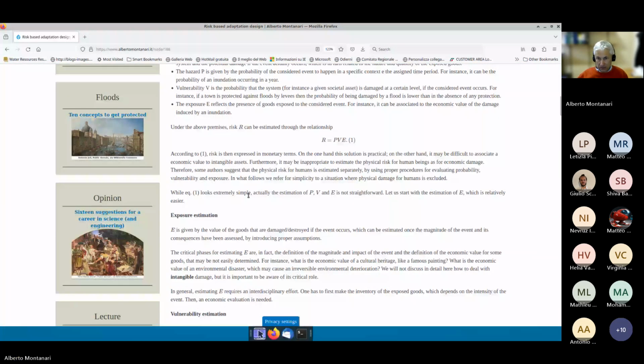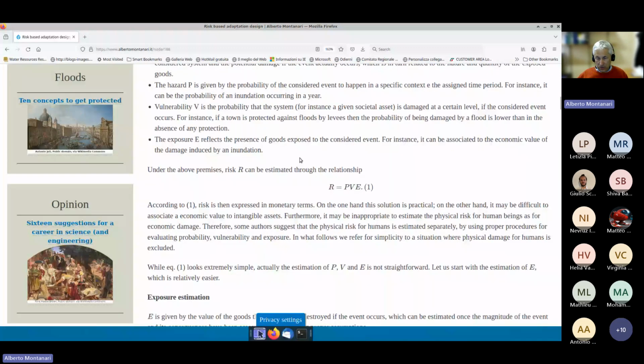In particular, we introduced the risk equation, and once again, this is a very important topic. It's a very recurrent question at the exam, so please be aware of that. The risk equation is, as you know, obtained by multiplying probability, vulnerability, and exposure.